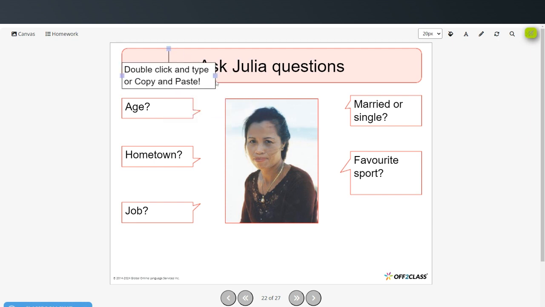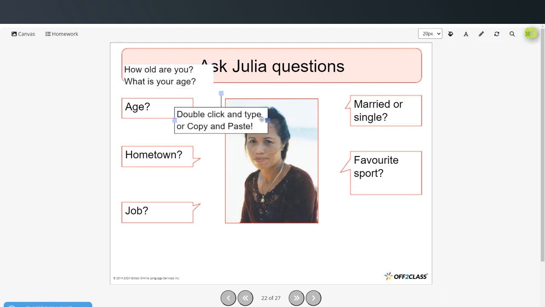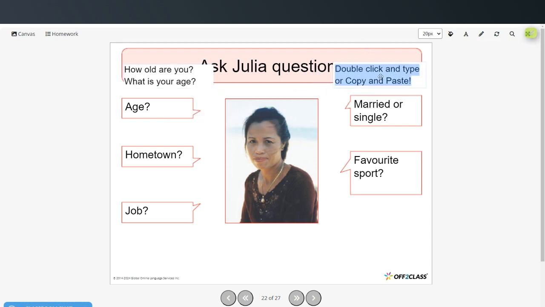So if we want to know Julia's age, we could say, how old are you? Or another way to say that would be, what is your age? Are you married or single?